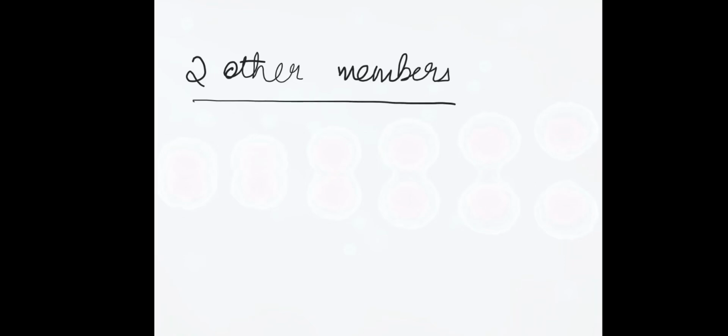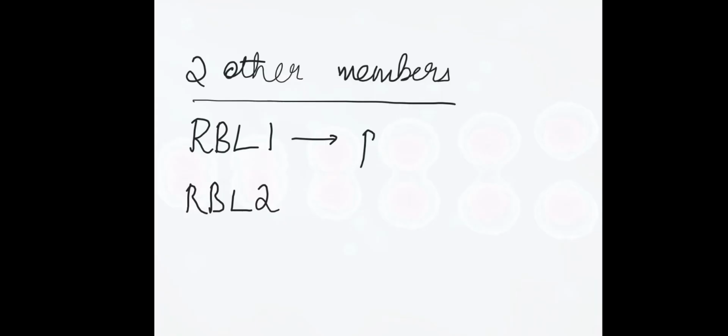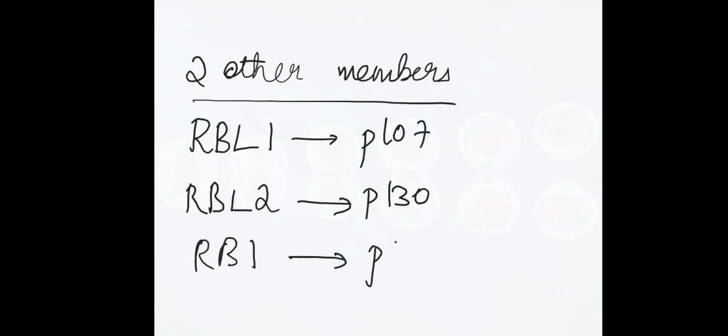The two other members of the RB family that are identified are RBL1 and RBL2. RBL1 codes for a protein p107. RBL2 codes for protein p130. RB1 codes for pRB.